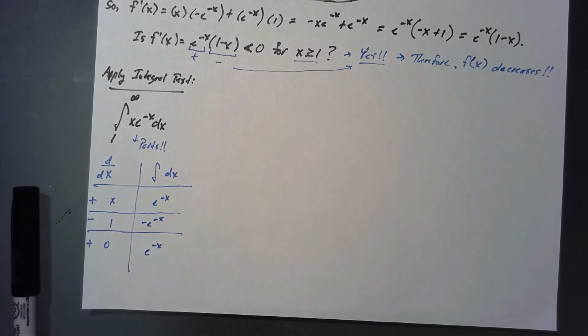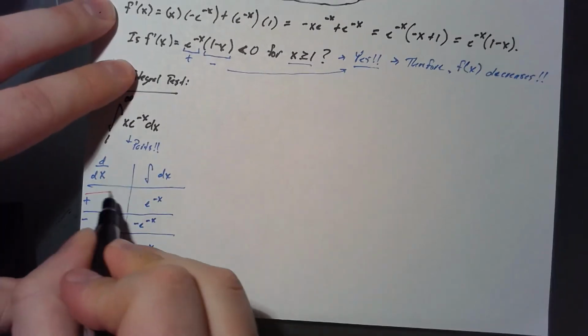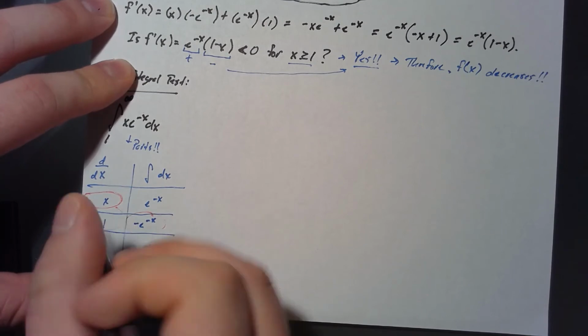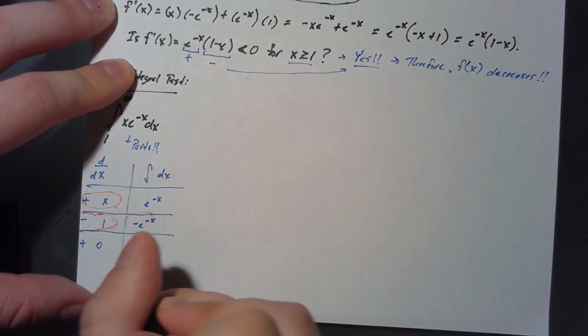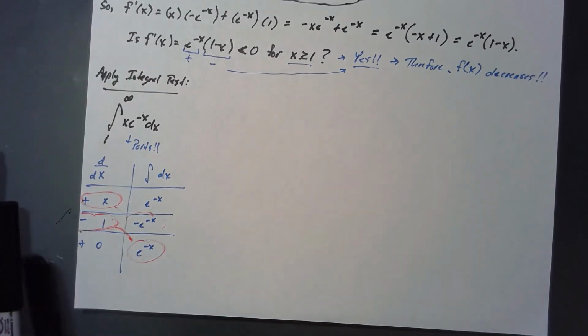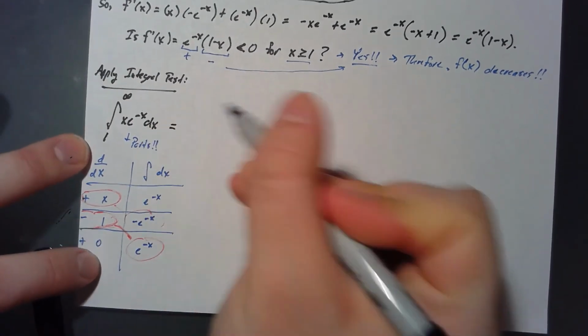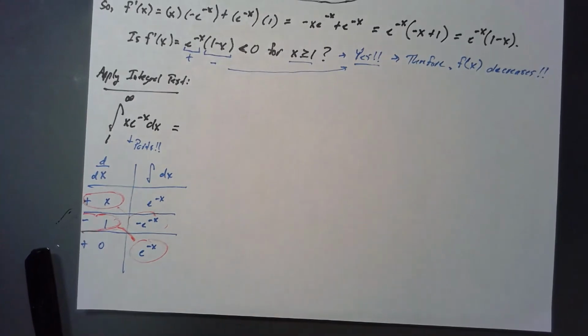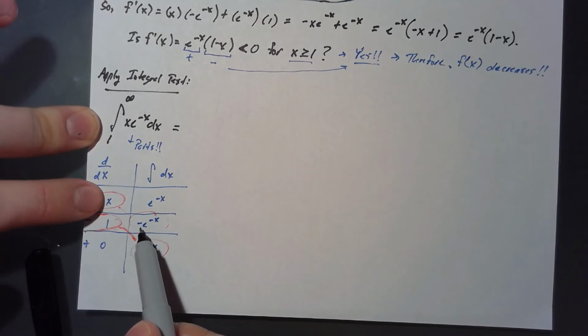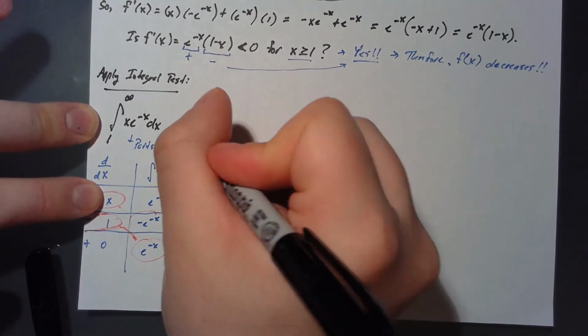All right, so then you do the crisscross parts. So this times this, times that. So then you get, this is a positive times a negative, which is negative x e to the negative x.